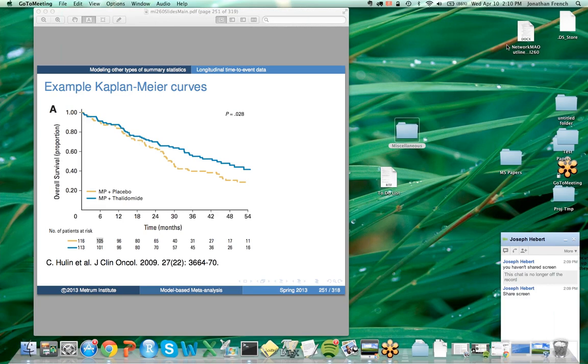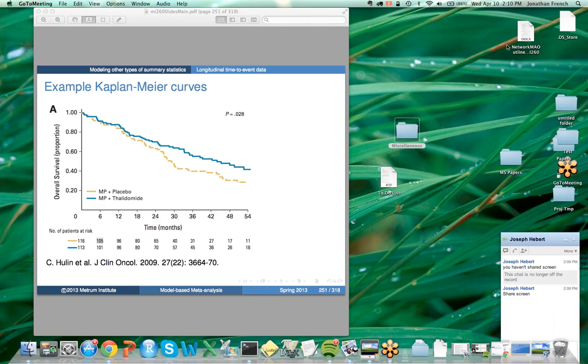And typically in that context, if we're pooling multiple studies, when we have patient-level data, we'll be able to extract the most amount of information about drug effects or other kinds of covariate effects on the hazard of the event occurring.